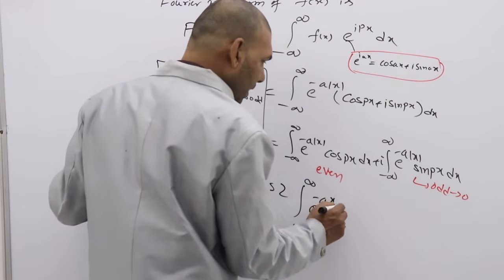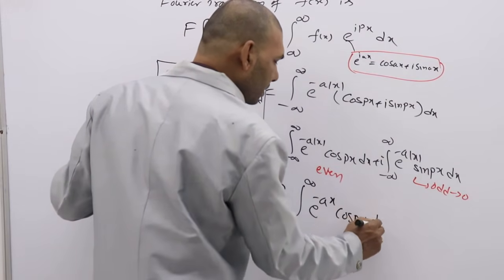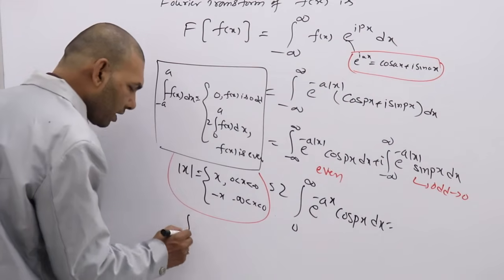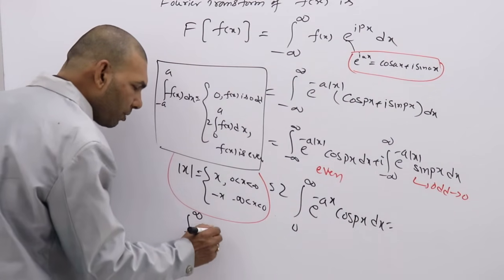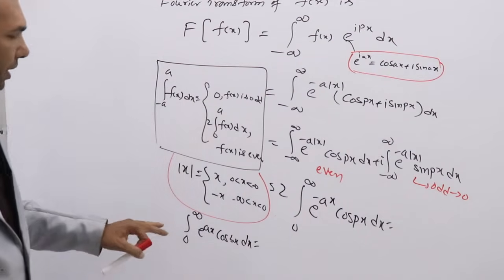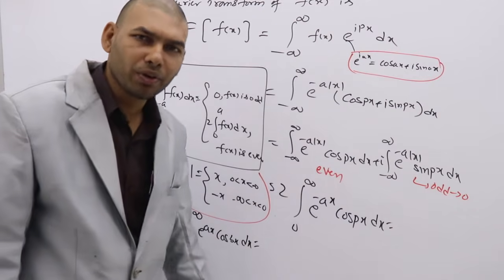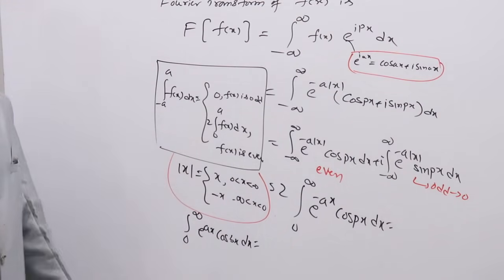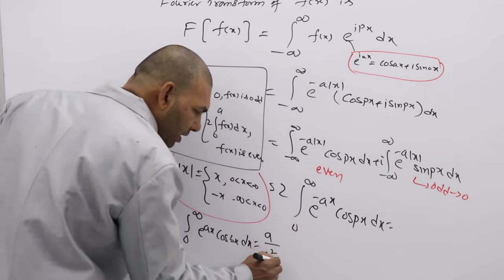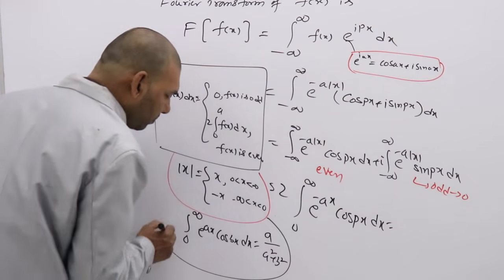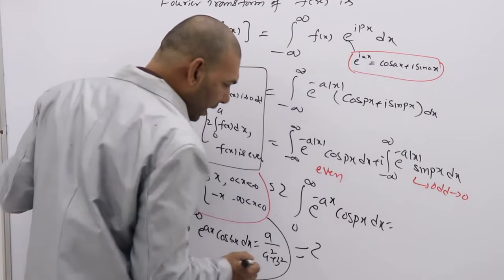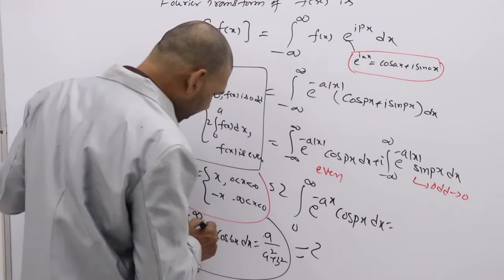So e power minus ax cos px dx. So this is a direct formula: integral 0 to infinity e power minus ax into cos bx dx. We can keep that one as a formula directly, which can be written like this: a by a square plus b square. These are all formulas. Now this can be written like this, with e power minus ax only.